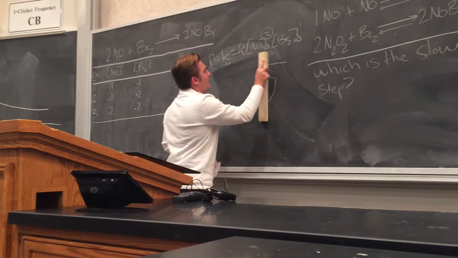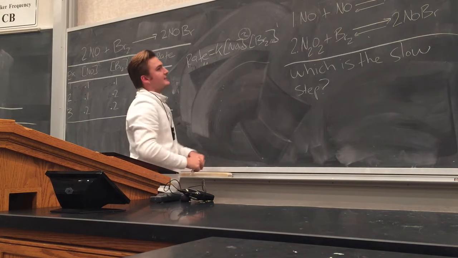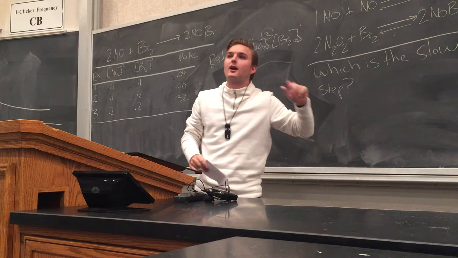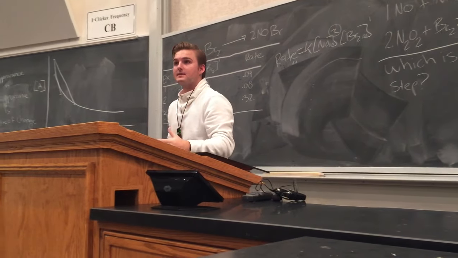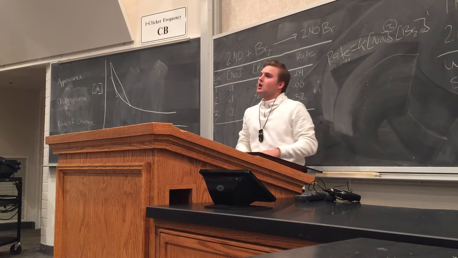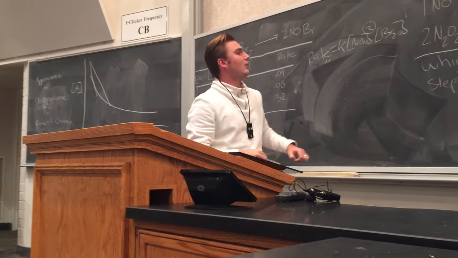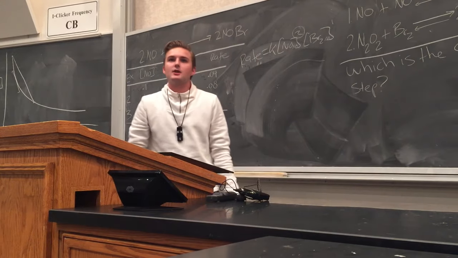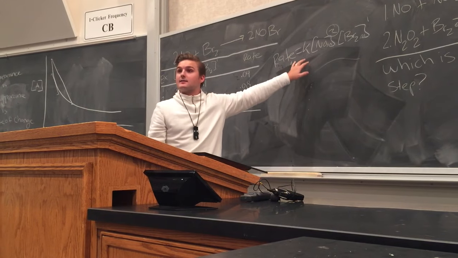So I'm going to keep that rate law up there. As we look at this, now, these over here are the elementary steps that actually occur to have this reaction happen, right? So what if you were given a question that said, what is the slow step? Ultimately, you know what the rate law is, right?